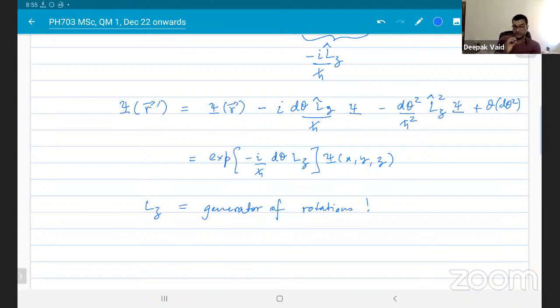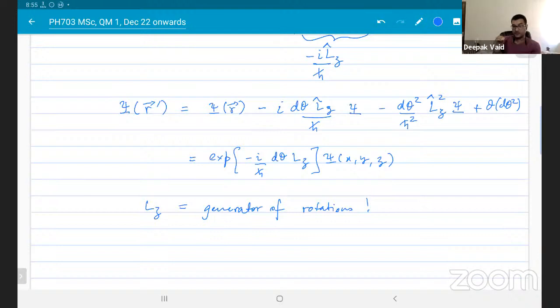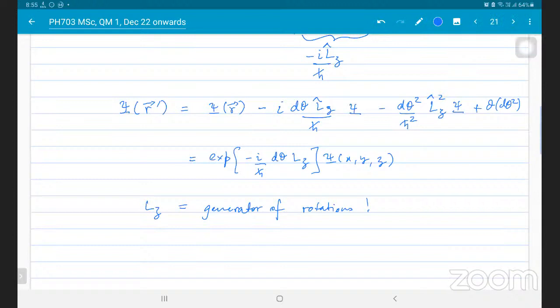If you want to make the statement precisely, the angular momentum operator is the generator of rotation, the same way that the linear momentum operator is the generator of translation.